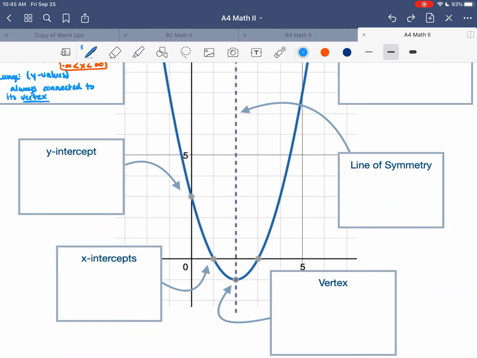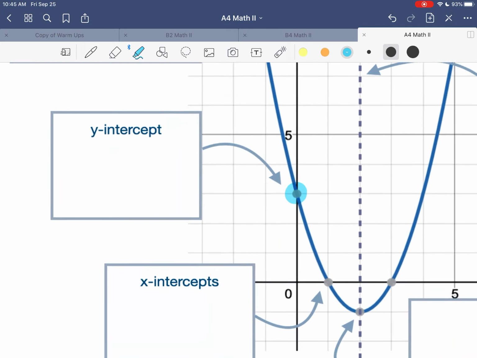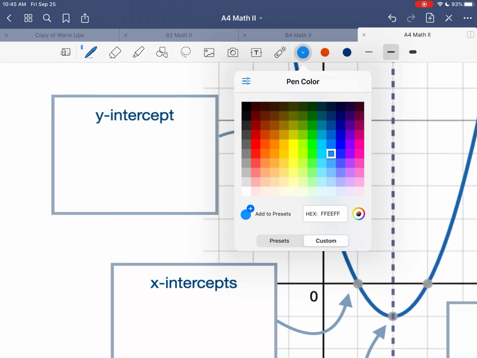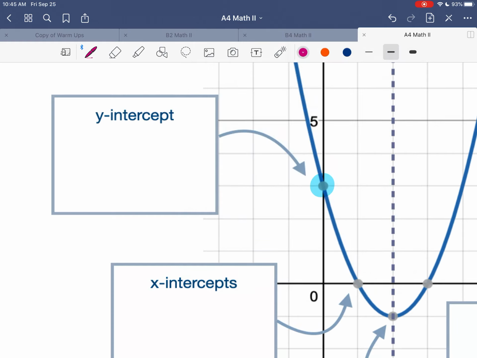The y-intercept, which is nicely pointed out here, is just, as you might imagine, where the parabola, that nice shape, crosses the y-axis.